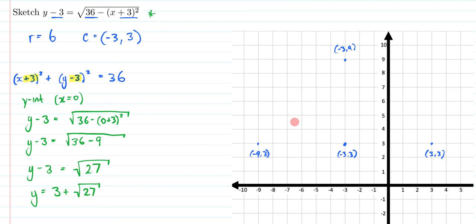The square root of 27 is going to be somewhere here. And it was going to be 0, 3 plus the square root of 27, close brackets. And then I'm going to get my pen. I'm going to give this a draw.